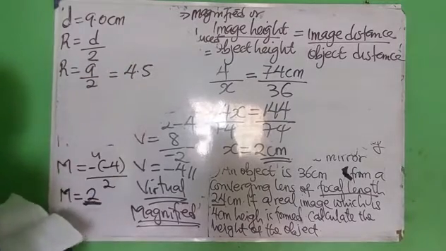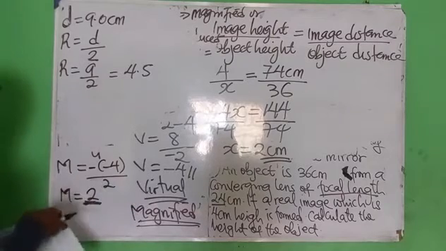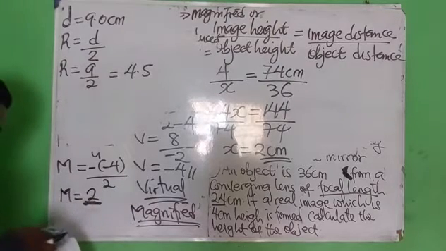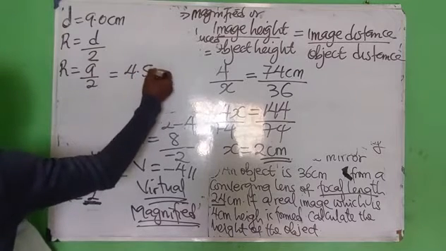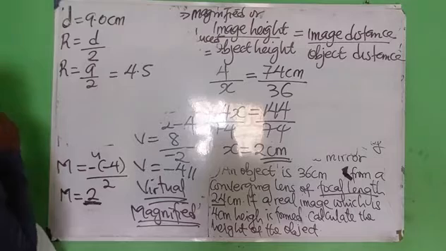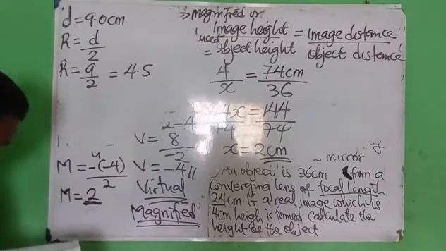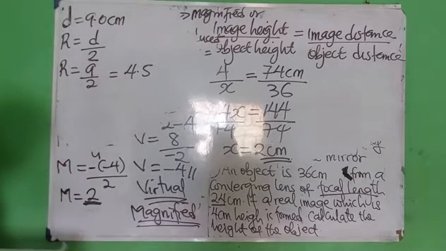Let me check. 9 divided by 2, yeah, 4.5. So what do we do next? They said, how far is the child's face from the ball?